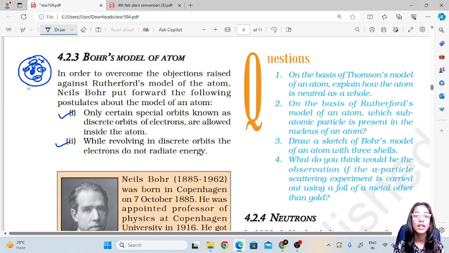In that case, they will radiate energy, they will fall into the nucleus, and that would be unstable. But over here, when they are moving in a discrete orbit, they do not radiate energy, so they will not accelerate, and they will make the atom stable and not unstable. So these were the postulates put forward by Niels Bohr.